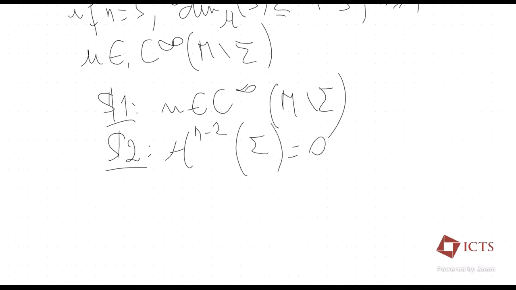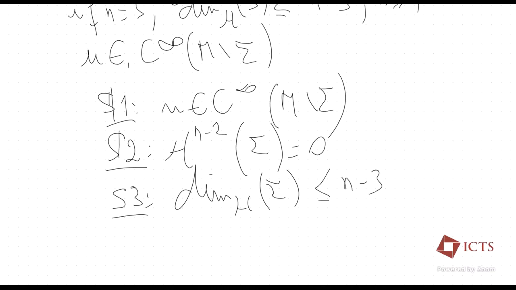And then you want to prove the Hausdorff bound, that S is n minus 3 for n bigger than 4, and a discrete set, a finite set of points, for n equal to 3. Okay, so these are the steps.